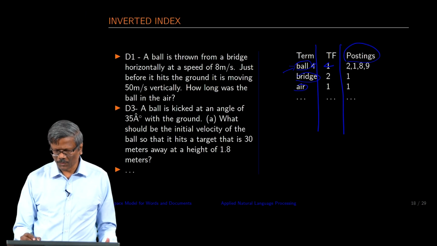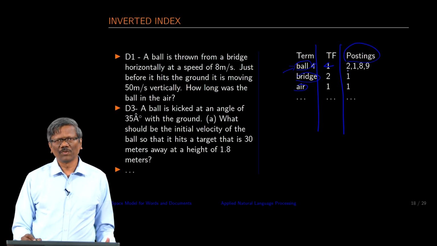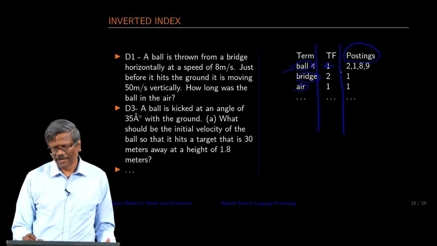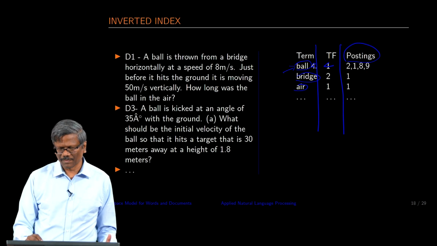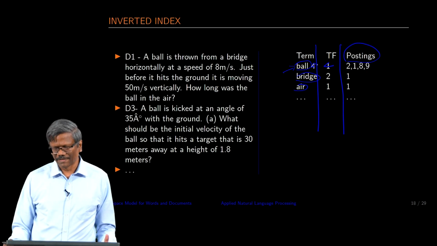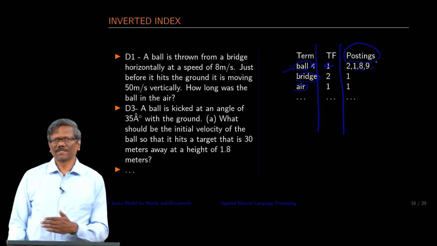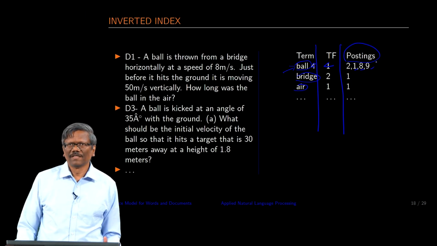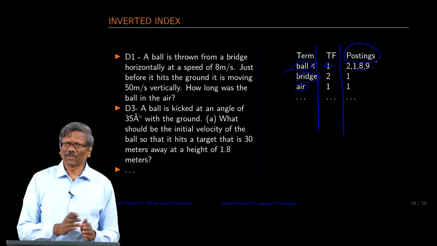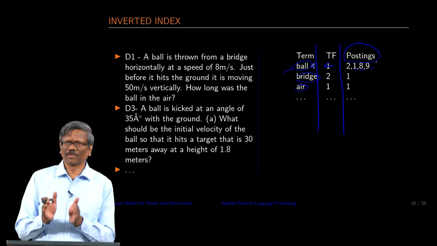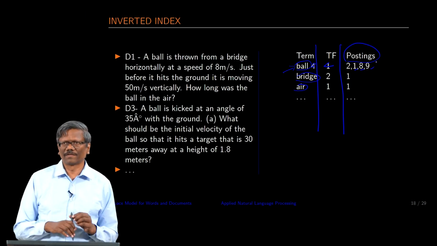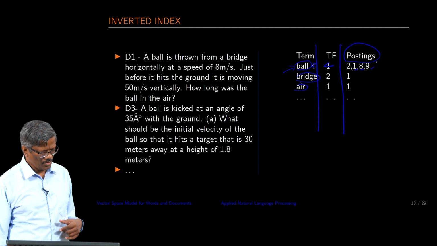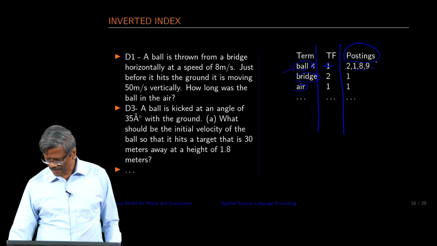You can look at these postings and then say, okay, document 2 has this. So, let us go and look at document 2 and find out how close document 2 is with respect to this term that I have in the query. So, in the same way you can go and look at the others. This way you can reduce the computational time. Instead of going through the entire document set, you only go to a small subset where that particular term is present in those documents. Okay. All right.